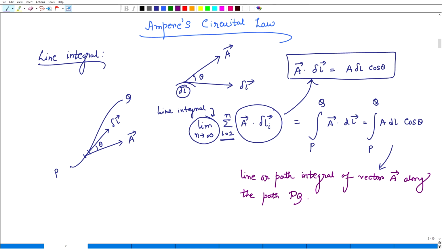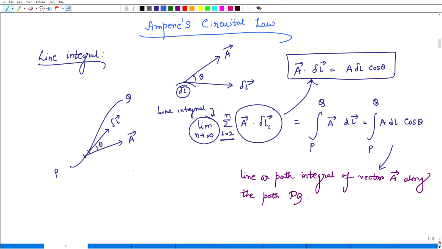Now, theta may change as I said, because here theta actually defines the direction of the vector A. Now, the direction of the A vector is not specified, so theta is also not specified, theta is also varying. Okay.